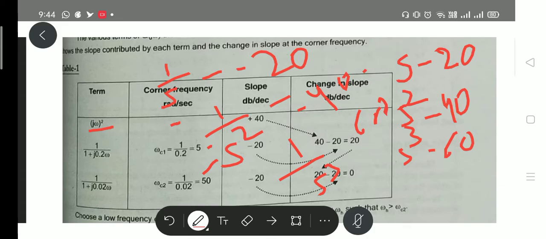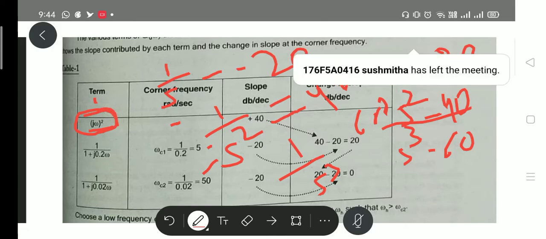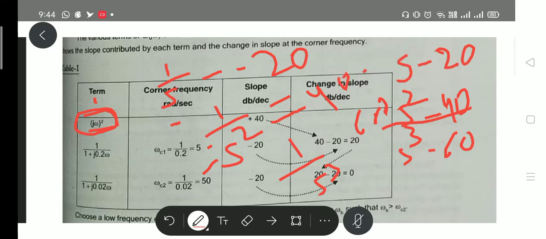Here, this is the s square term, so I am taking plus 40 dB. If it were 1 by (j omega) square, then in that case we would take minus 40 dB. Here it is (j omega) square, so I am taking plus 40 dB.